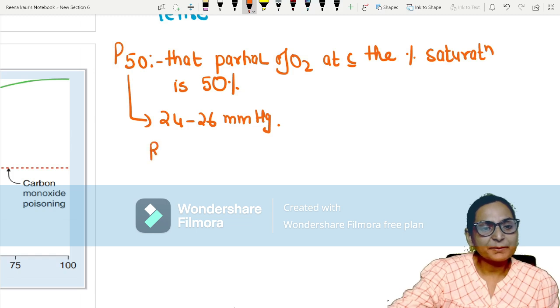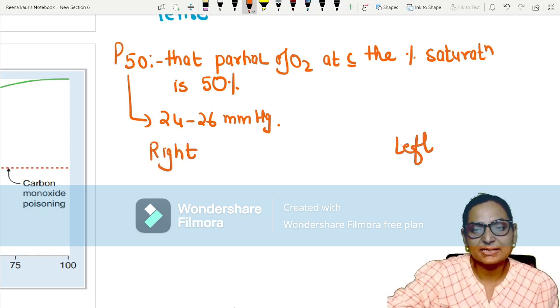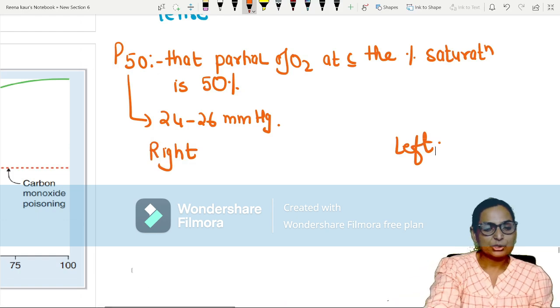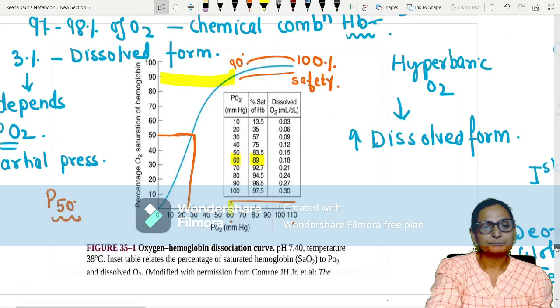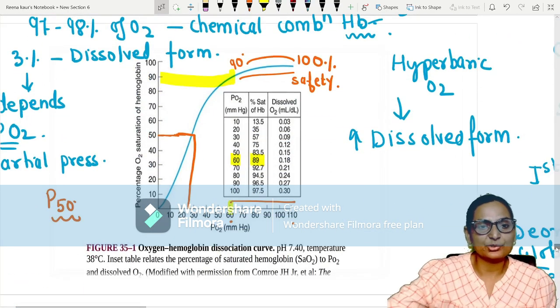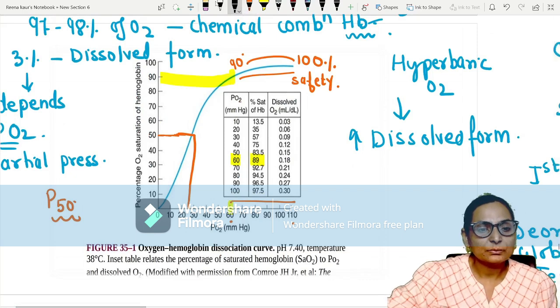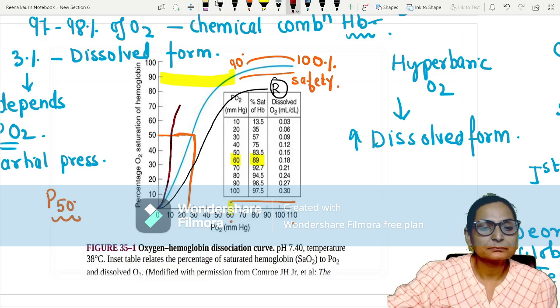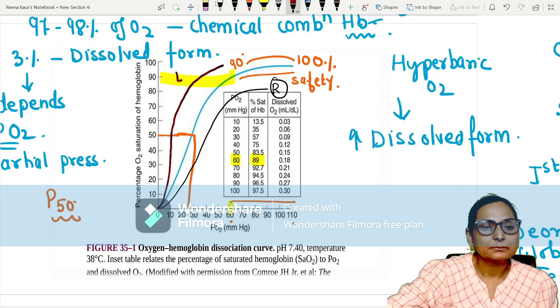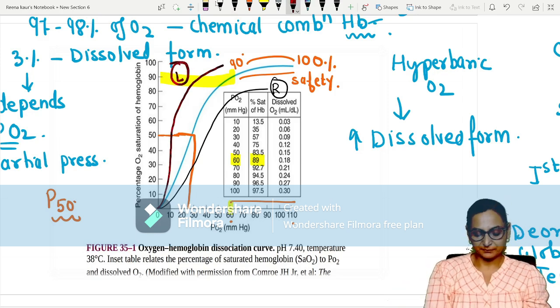Now we often speak of right shift and left shift. What is this right shift and left shift? We'll just look over the graph first. This can come as an image based question also. So this is my right shift, okay, and left shift.